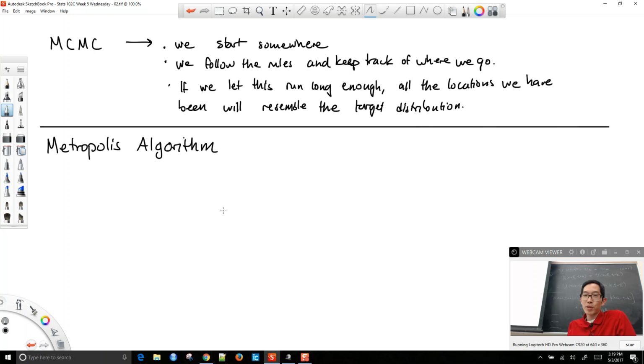Before I actually get into how the Metropolis algorithm works, we're going to illustrate it, and I'm going to use the example coming from the textbook. I really like this book. This is an illustrative example.